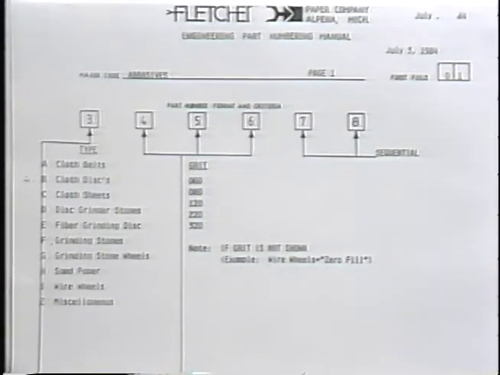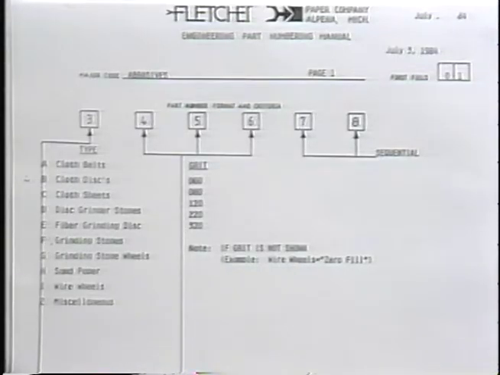So if we were to assign the first cloth abrasive, and it had a 60 grit requirement, the part number would be 01 A 060 01. That's the first 60 grit cloth abrasive assigned.